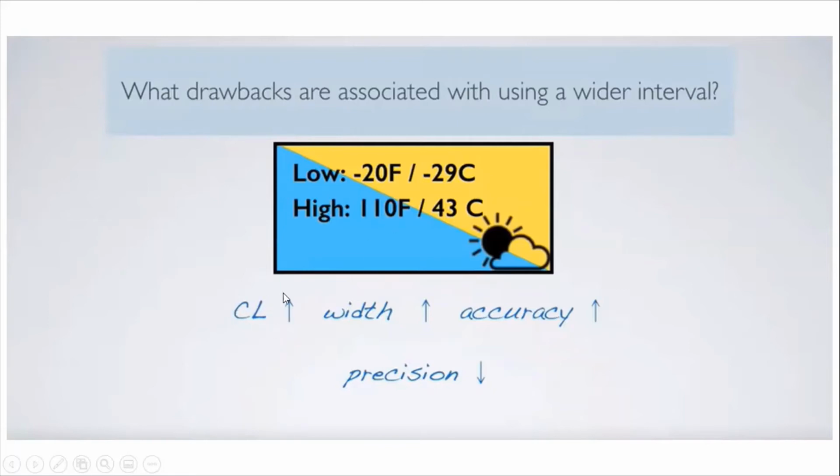So when you increase the confidence level, your width increases, the confidence range increases, and it will be more accurate, because most likely the true temperature will be in there. It will most likely represent the true situation, but it will be less precise. It's not precise at all. You can barely use this temperature.